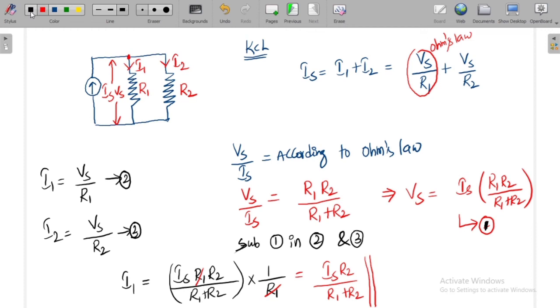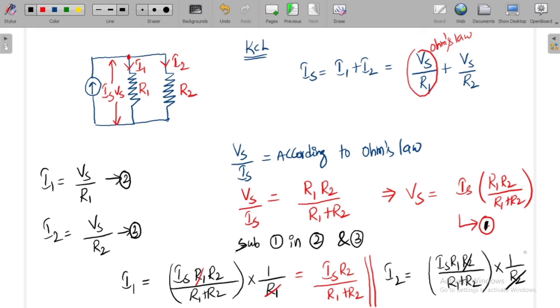Similarly, how can I get I2? I2 is equal to the same Is times R1 R2 divided by R1 plus R2 times 1 by R2. Right?